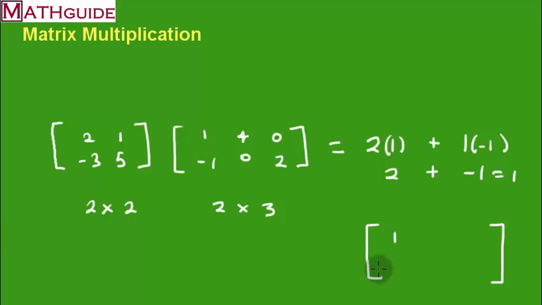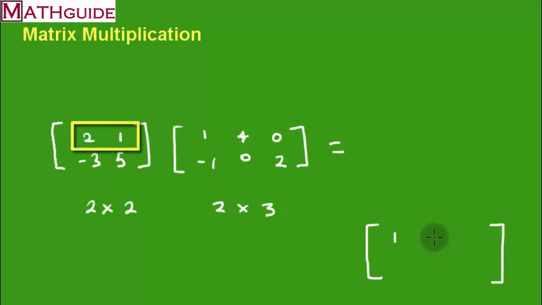Now I went a little slowly. I'm going to pick up the speed. I'm going to get rid of all this workspace. Okay, let's continue. The next number is in the first row, second column. So I'm going to go to the first row, and I'm going to go to the second column.